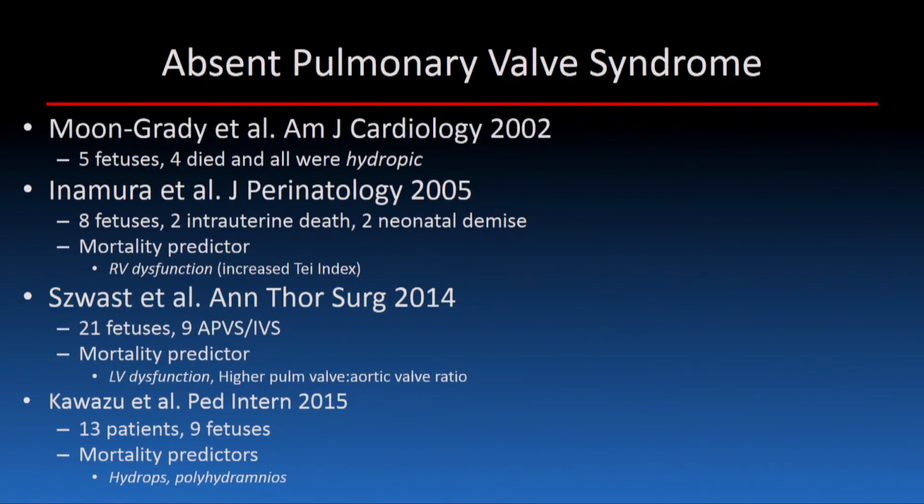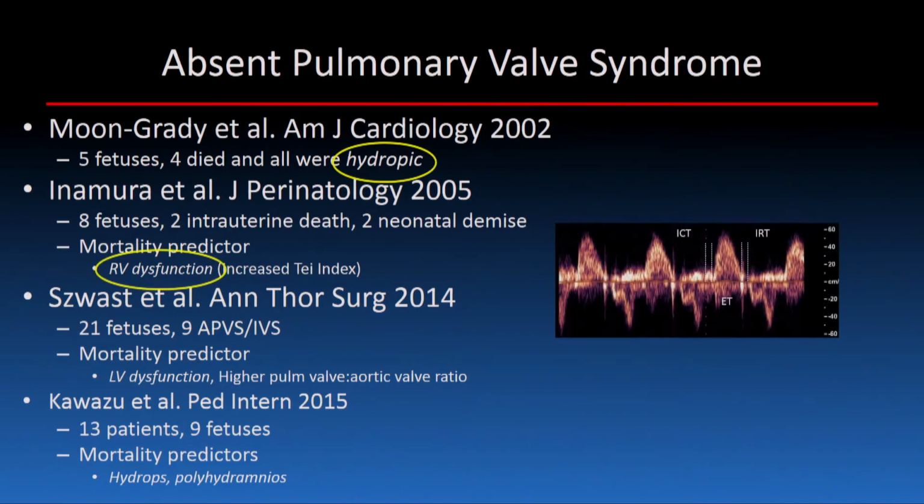There have been several studies that have looked at absent pulmonary valve syndrome in the fetus. Dr. Moon-Grady in 2002 published on 5 fetuses, 4 dying in utero, and all of those patients were hydropic. Dr. Inamura in 2005 found a mortality predictor of right ventricular dysfunction with increased Tei index in his study.